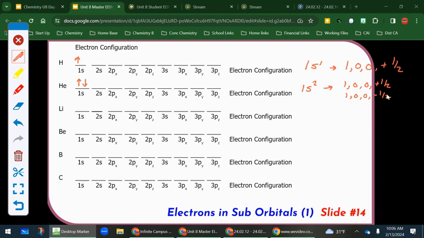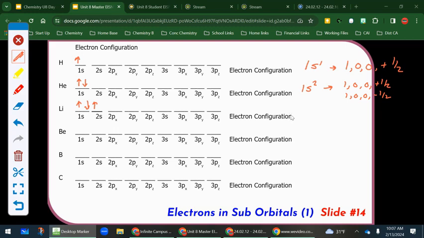Okay, so now we go to lithium. How many electrons? Where'd the first 2 go? 1s. So lithium starts out looking a lot like helium. Where does the third one go? 2s. Again, I don't care which way you put them, but they can't be going the same direction. So, describe the configuration for me. Where are all the electrons?